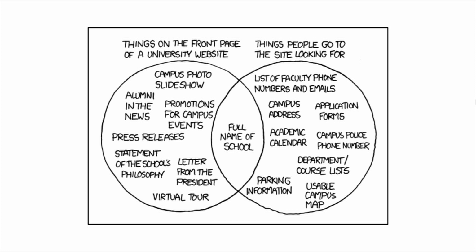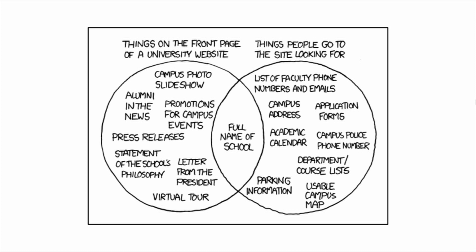And you've probably seen these examples before. It's absolutely true. The university wants to show you something beautiful. A great promotional photo of the campus, events that are coming up, alumni in the news, some sort of value proposition or statement of amazing activities that have been happening, a letter from the president, something that allows you to get a tour of the campus.